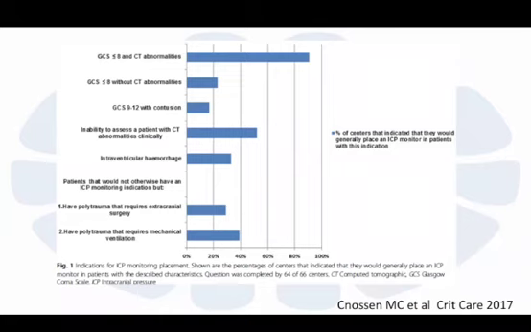This is a survey from the CENTER-TBI study, and here what was asked to the responders was in which patients would you put an ICP monitoring? The majority, of course, will put ICP monitoring with the indications of the guidelines, so abnormal CT and severe TBI with poor neurology.